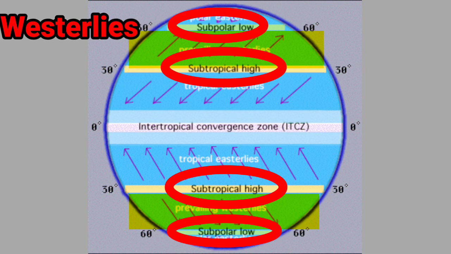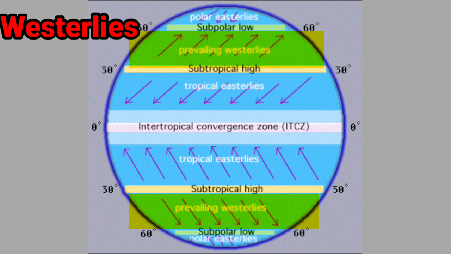As they blow from a somewhat westerly direction in both the hemispheres, these winds are called westerlies. The westerlies blow from the southwest in the northern hemisphere and from the northwest in the southern hemisphere.